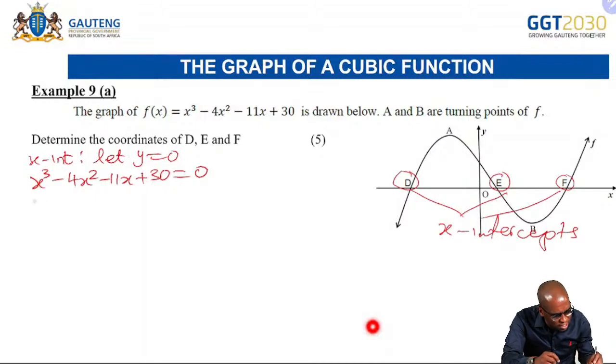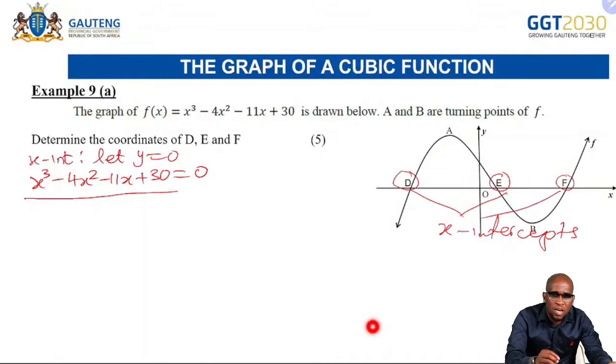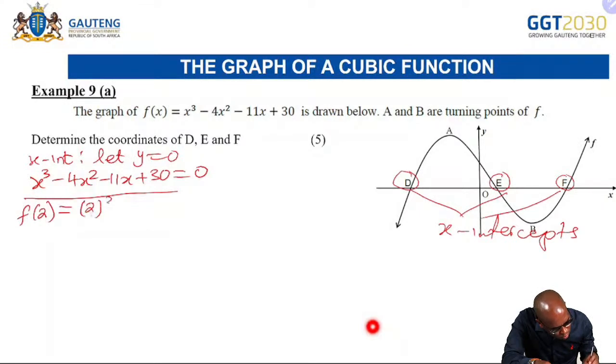In order to factorize this, we need to use the factor theorem, which means we need to use trial and error to try out factors. I can try out factors starting from plus minus 1, plus minus 2, plus minus 3, and check which one will give me 0. If I use 2 here, I get that f of 2 is 2 cubed minus 4 into 2 squared minus 11 into 2 plus 30.